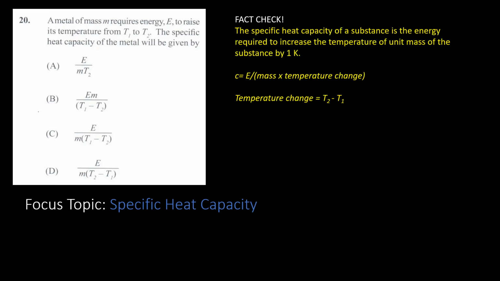Now, based on our definition for specific heat capacity, it is the energy that's required to increase the temperature of unit mass or 1 kilogram of a substance by 1 Kelvin. So therefore, C, which is specific heat capacity, would be equal to the energy divided by the product of the mass times the temperature change, which is T2 minus T1. So that is option D.